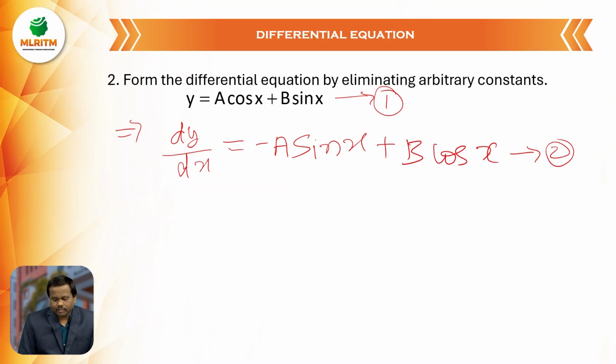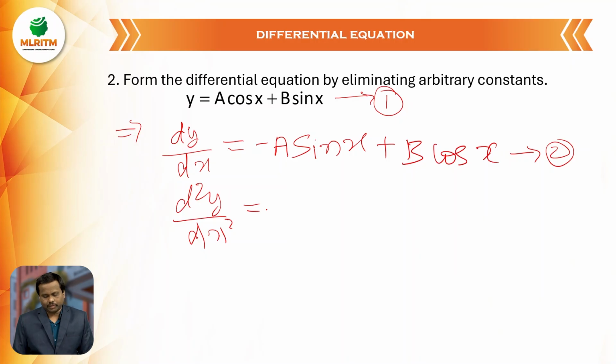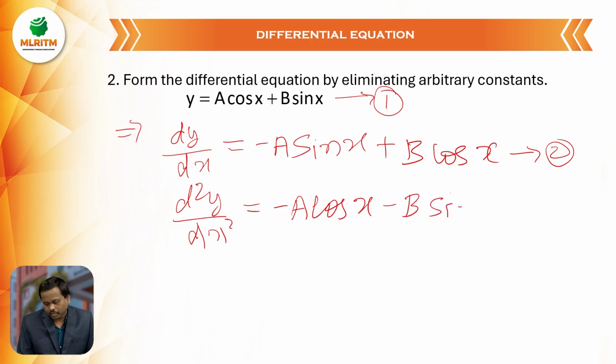Differentiate once again with respect to x. d square y by dx square equal to, the derivative of sin x is cos x, so minus a cos x, and the derivative of cos x is minus sin x, so minus b sin x.